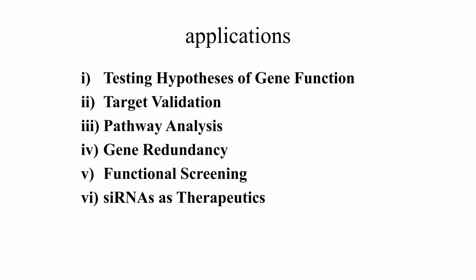And then number 4, which is gene redundancy, functional screening, and small interfering RNAs that can be used as therapeutics. For example, in cancer, there are some proteins that are responsible for the development of cancer. In a situation where you have truncated genes or truncated proteins, most of the truncated proteins lead to the production of unwanted cells.